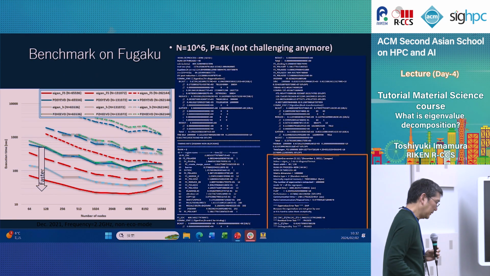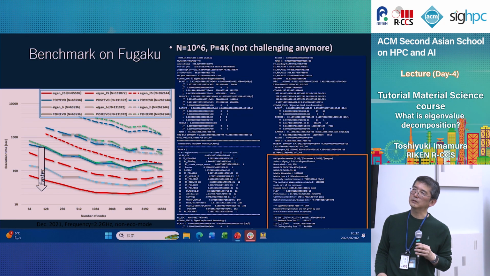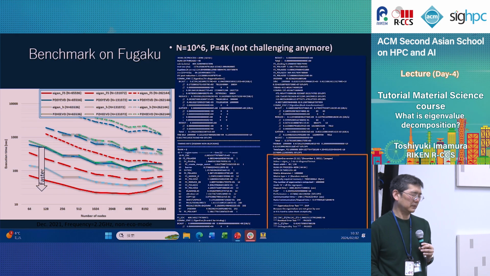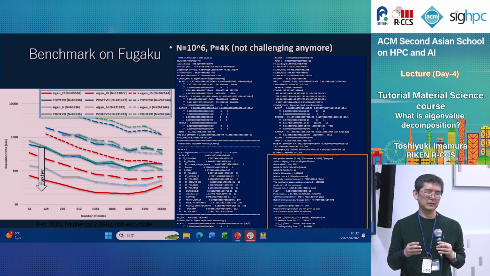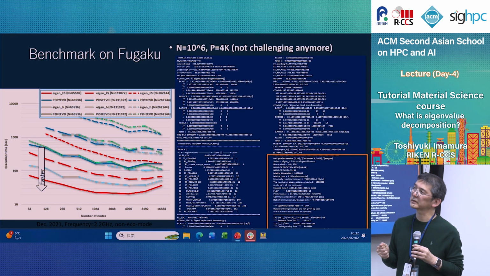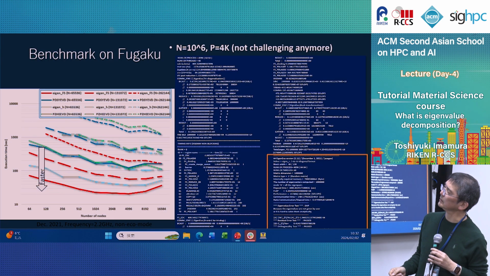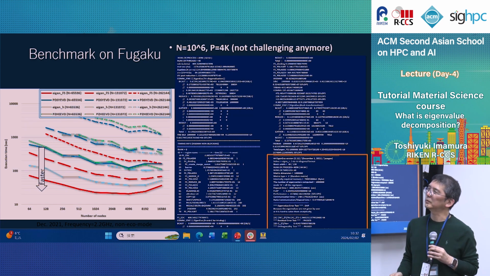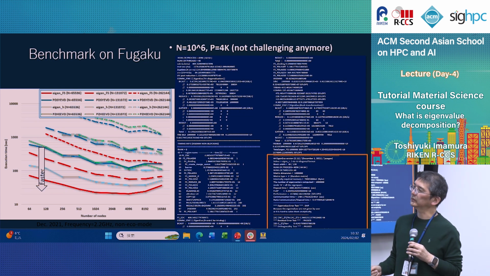I think you are very interested in how large or how fast the numerical library can go, and what performance it offers. This is a strong scaling performance benchmark result run on the Fugaku system.